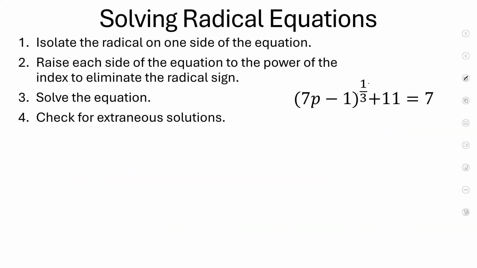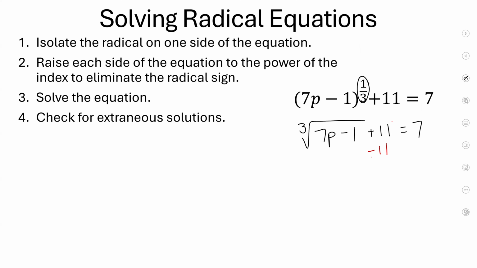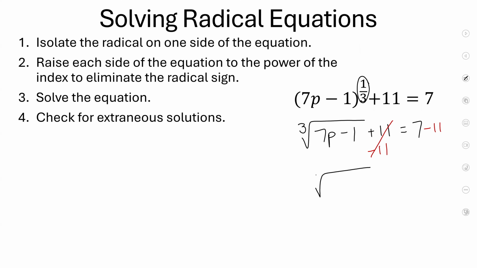I notice I have a 1/3 right here. How can you rewrite this with a radical? Yep, it's a cubed root. This is the exact same thing. I'm going to subtract 11. And I get the cubed root of 7p minus 1 equals 7 minus 11, which is -4. Is this allowed, guys?